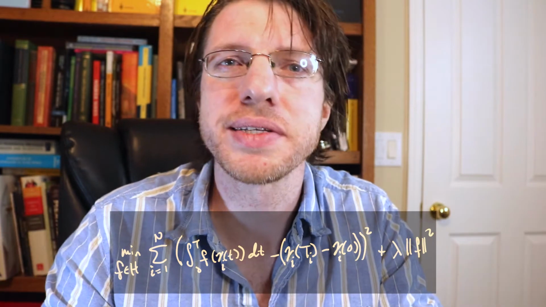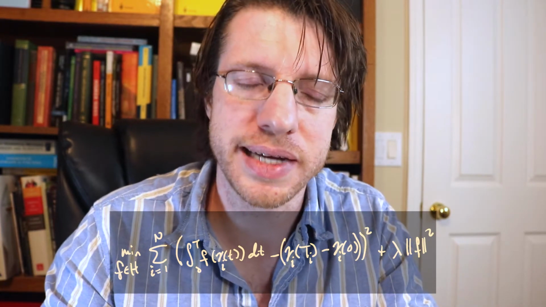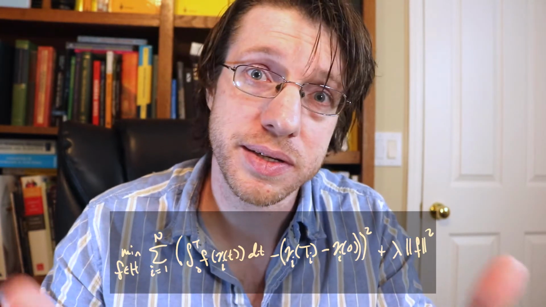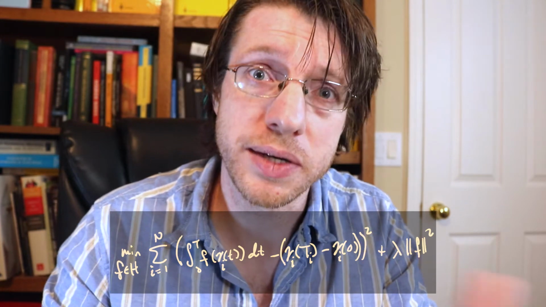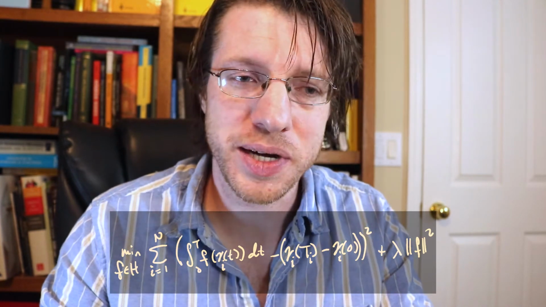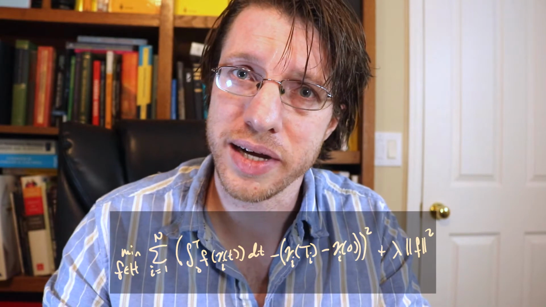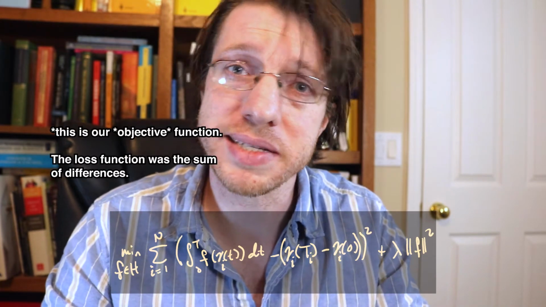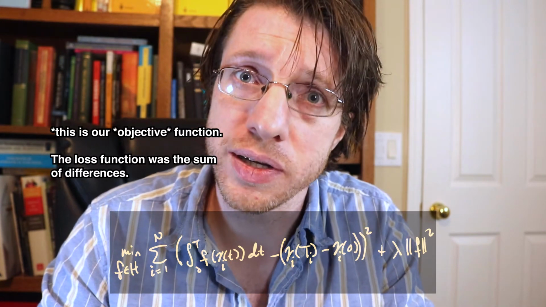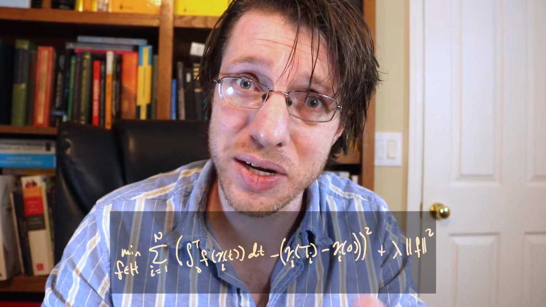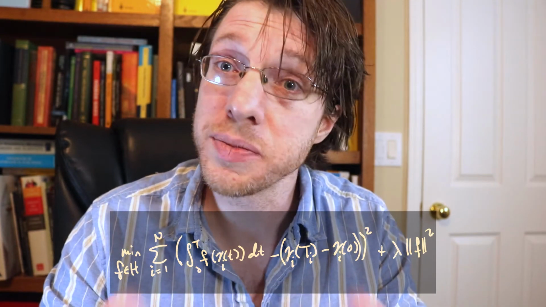Take that quantity, square it, with the sum on the outside. Then we add lambda times the norm of f, or the norm of f squared, whatever is more convenient. This is our loss function for a given f, and we want to minimize it for all f in our reproducing kernel Hilbert space.